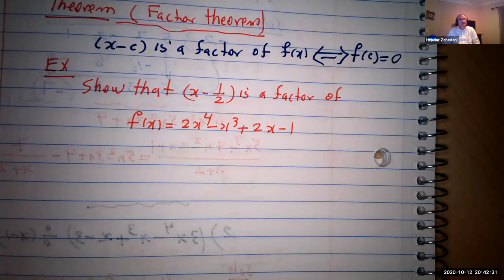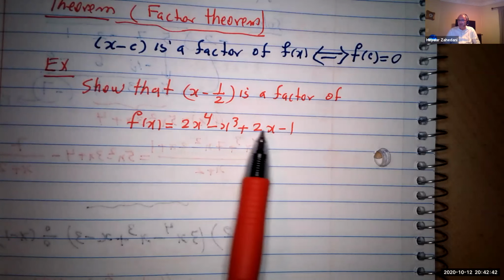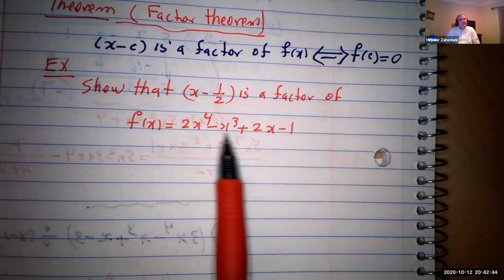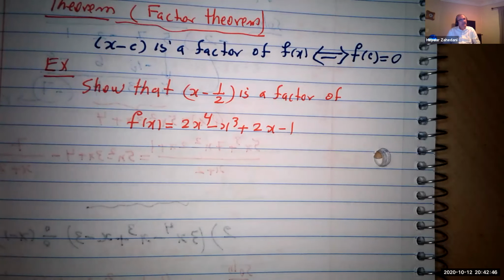You have two choices. You can divide by the synthetic method and show that the remainder is 0, or you can substitute the 1/2 here and find f of 1/2. If f of 1/2 happens to be 0, this means it is a factor. I'll do both of them so that you can compare them, then I'll tell you which one to use and when.